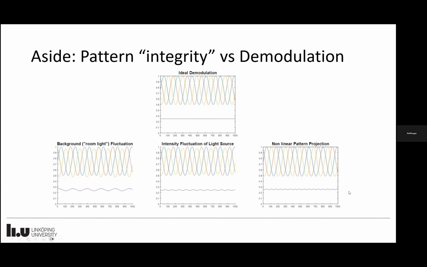We try to just do it for the projector itself. If it's an LED projector, it should be the same response for the DMD, so it's more the DMD response.